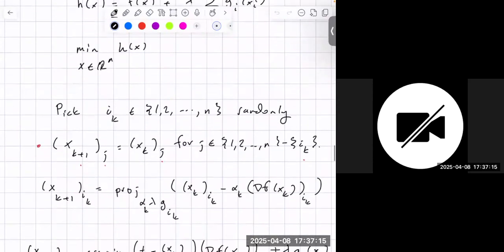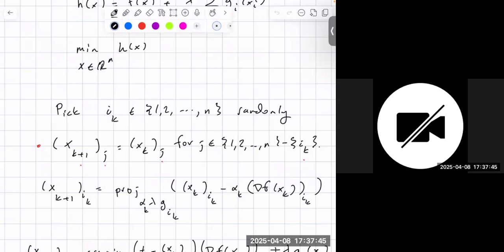How is that going to go? You pick one of those coordinates randomly. All the coordinates that are not picked remain the same in one step of the iteration. And the coordinate that we are going to update is going to be updated using this proximal or projection idea. What you would do with only the F, without that G convex but not differentiable stuff.